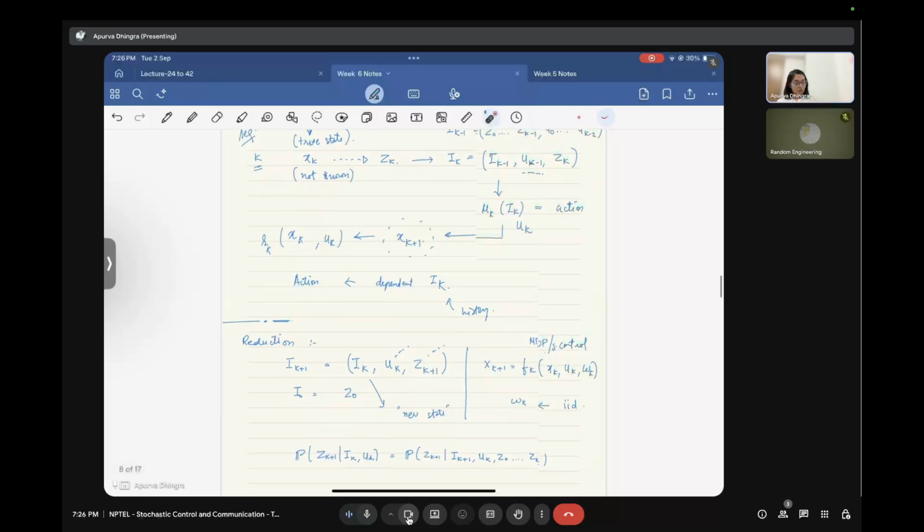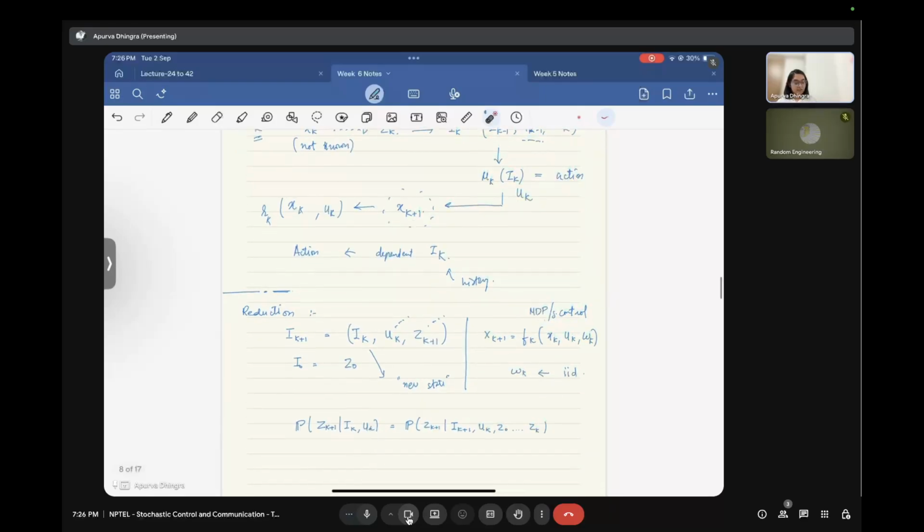So the way this randomness comes up in the problem is that these zk's are now only dependent on ik and uk, and do not need to depend on the previous observations made. Is that okay?